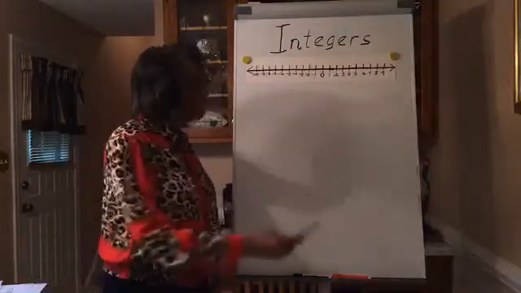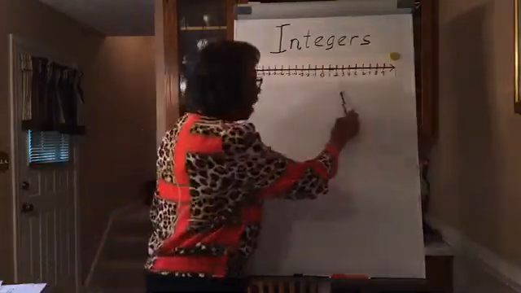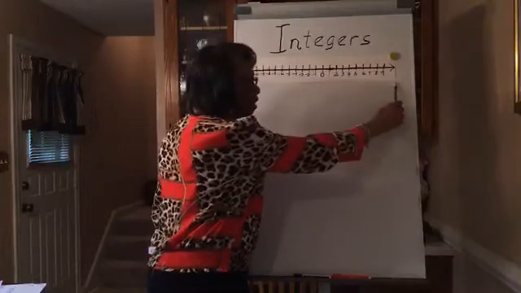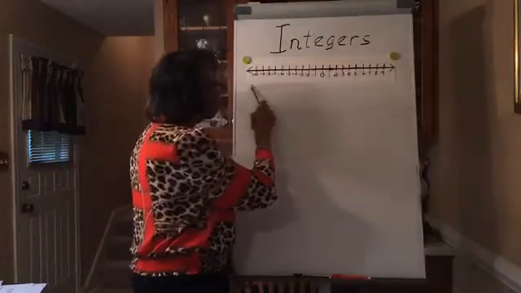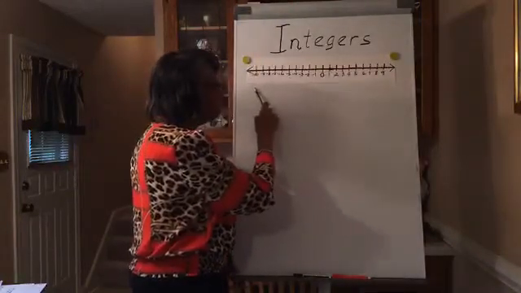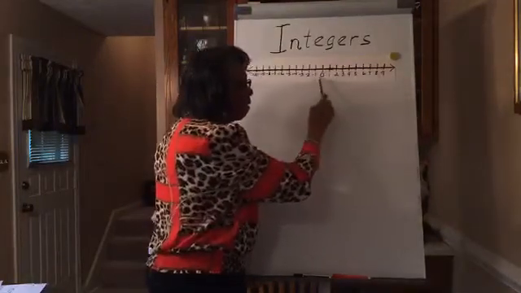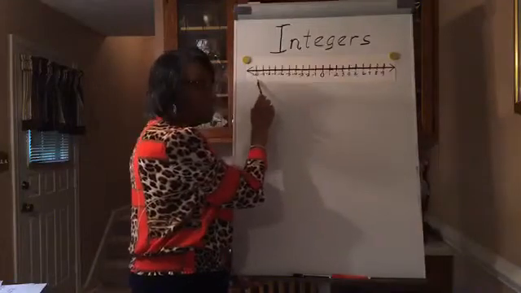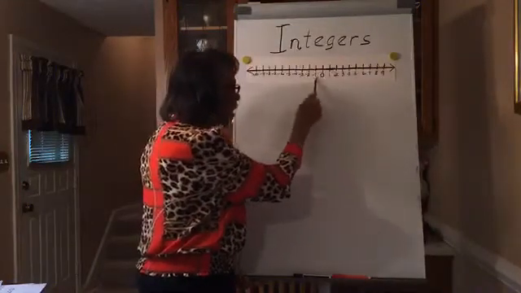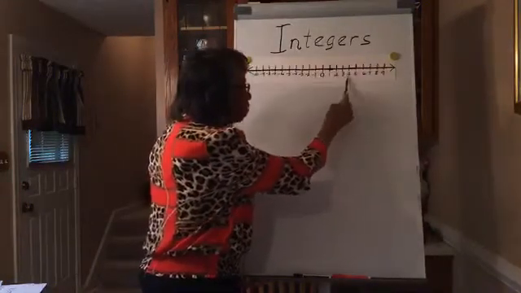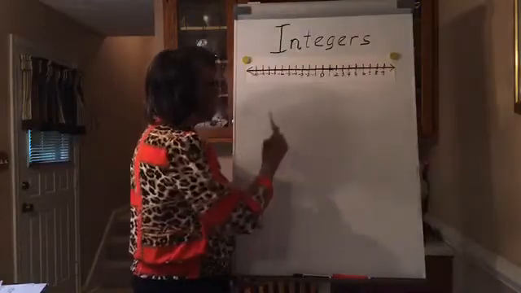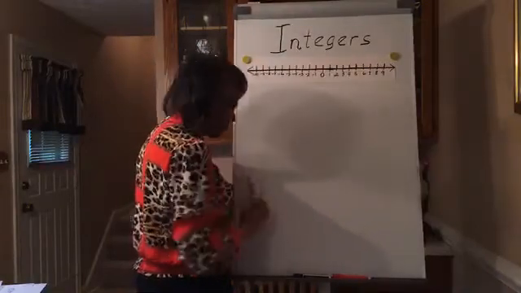As we look at this number line, as we go right, the numbers increase. As we go left, the numbers decrease. 0 is smaller than any positive number, but is larger than any negative number. Every negative number is less than every positive number. Let's get that cleared up right now.